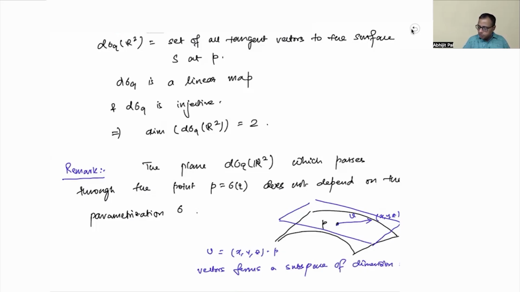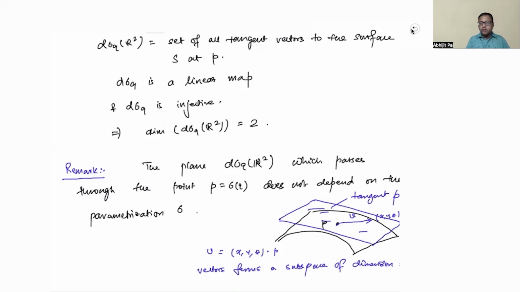And this plane passing through this point P is called the tangent plane.